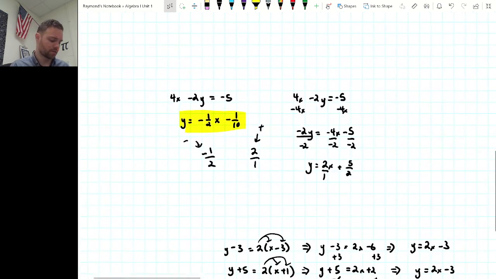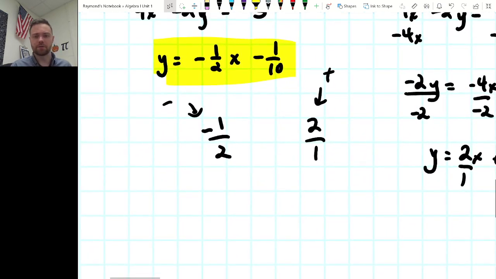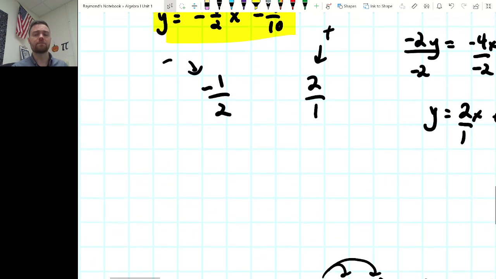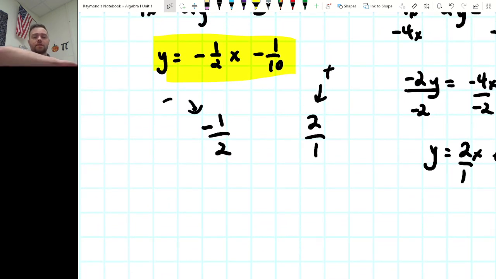Also, I would know opposite reciprocals: if I have a fraction that's negative and a fraction that's the exact opposite and positive, it means the two lines are going to be perpendicular. If you have the same slope, it's either the same line or the lines are parallel.